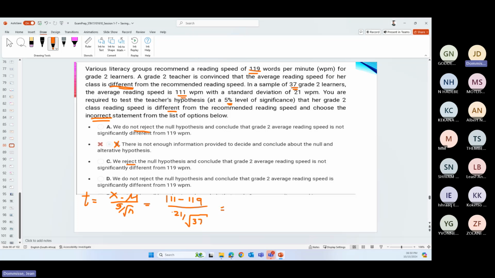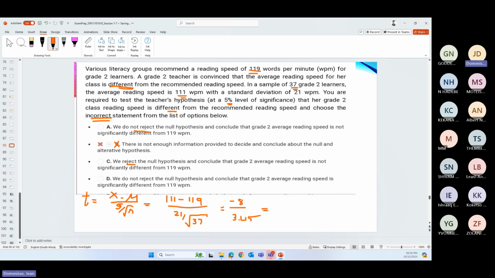So this answer that we're getting is 111 minus 119, so minus 8, divided by 21 divided by the square root of 37, which I nearly get as, I'm going to round it off a bit now, 3.45.